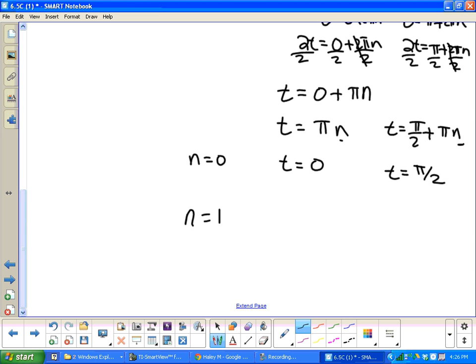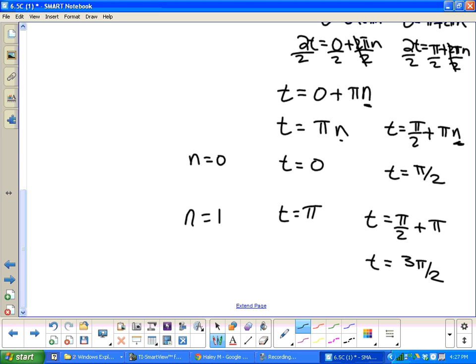So if we let n equal 1 right there, 0 plus pi would just be pi. So we get t to equal pi. And here if we let n equal 1, we would get pi over 2 plus pi. I'm going to think of pi as 2 pi over 2, so this would be 3 pi over 2. And those are both still less than 2 pi.